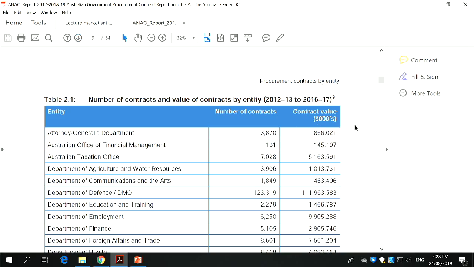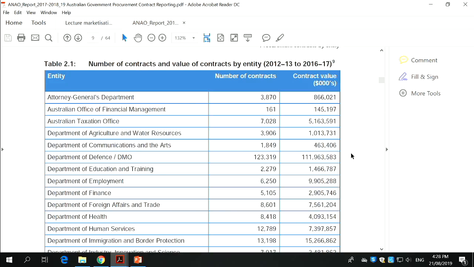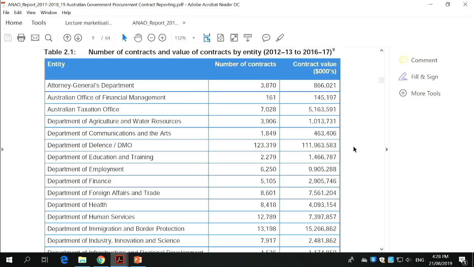So it just shows you the amount of contracts and also the types of contracts. You can see which one is the biggest. There are a number of contracts here, and the contract value. Can you see which departments have the most contracts?